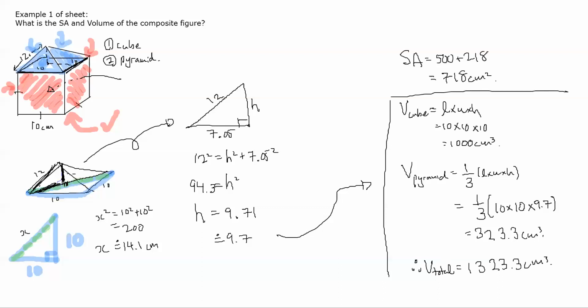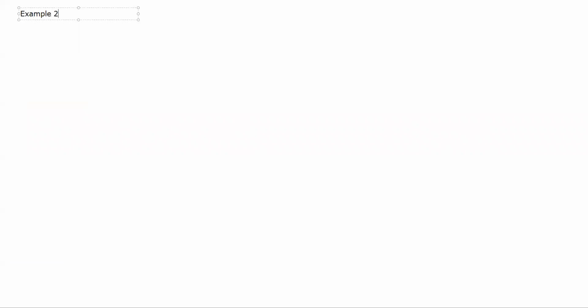I'm going to clear the screen again, and we're going to try example 3 from the sheet. All right, clearing in 3, 2, 1. So example 3 of our worksheet says something like this. It says, a silo shown at right is to be built from metal.